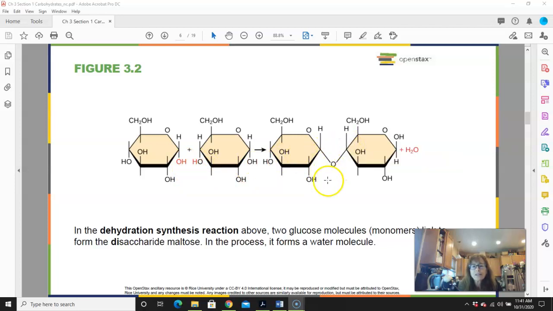This is called a glycosidic bond. So glycosidic bond is what we'll talk about when we get more specifically into carbohydrates. But the process is dehydration synthesis. And so you see this union of these two monomer units. Now we have a disaccharide here, and we have water that is one of the products at the end.